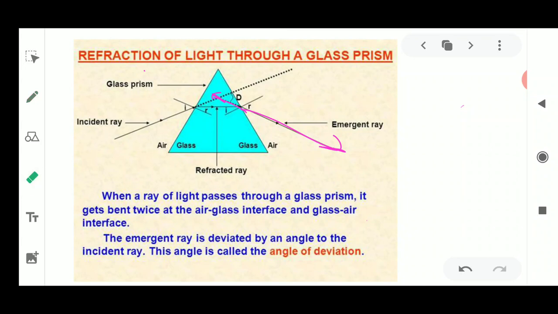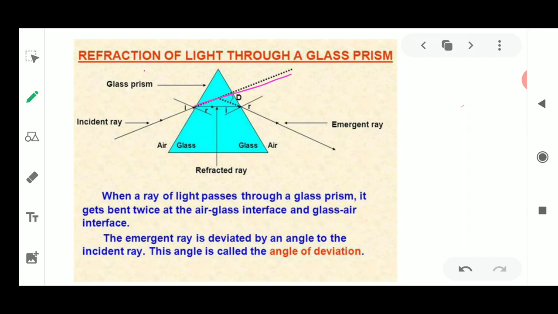If no prism is present, what happens to this light ray? It is going to cross this path straight away. It is not going to bend at all, because there is no glass or other medium which is optically rarer or denser. So the ray of light passes in a straight line.